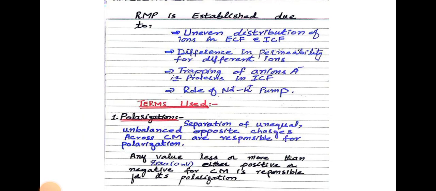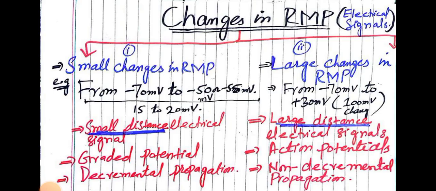Now, in neuronal physiology, we will be discussing electrical signals, messages in the form of electrical current that are generated due to changes in resting membrane potential. And we know the magnitude of resting membrane potential is minus 70 millivolts.